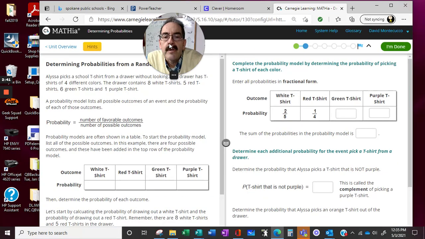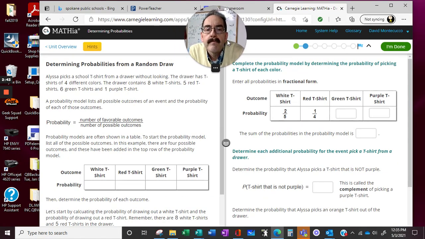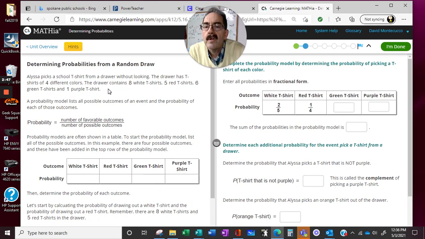Let's shrink this down a little bit and bring that over a little bit. 4 different colors. 8 white, 5, 6, 1. 8, so 19, 20. 20 of them. 8 out of 20.